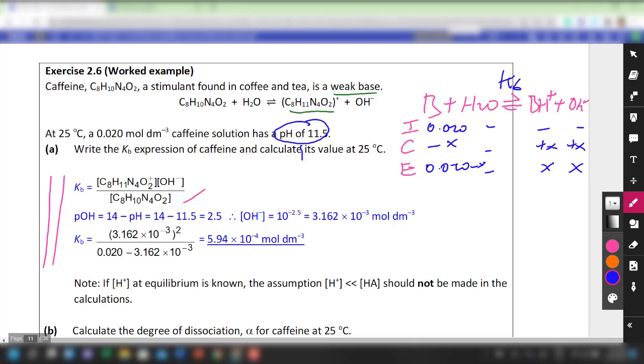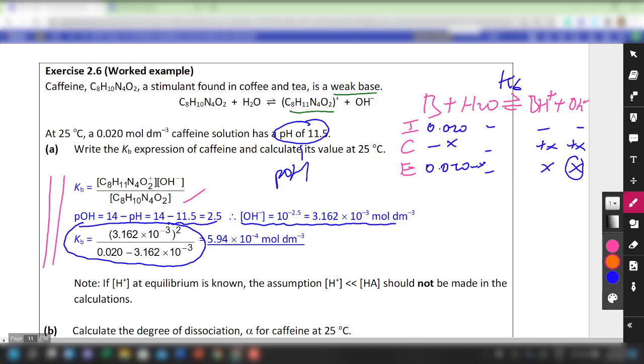So from the pH you can determine pOH, which is what they are doing here, and then from pOH you can actually determine the concentration of OH minus, which is essentially the x. So over here they determine the concentration of OH minus, and then they work out the Kb expression over here, which essentially comes from what I've written above.